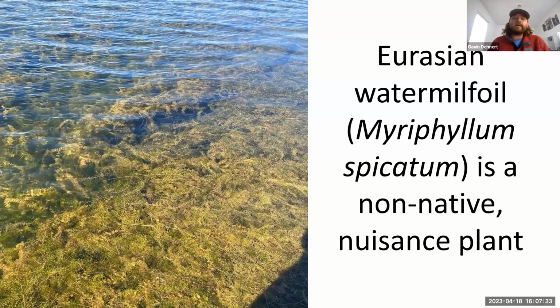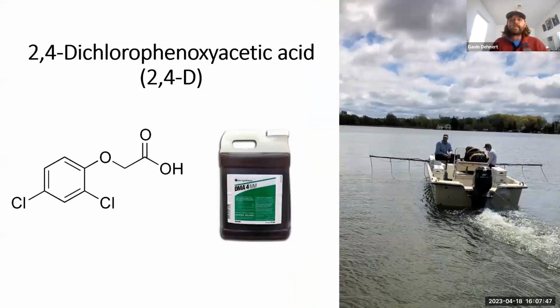One way management agencies like the Dehnert and lake associations can get rid of this invasive, non-native species is chemical herbicide applications. One of the most common herbicides used in the Midwest, or at least one of the most common, was 2,4-dichlorophenoxyacetic acid, or 2,4-D. 2,4-D has been around since the early 1940s.